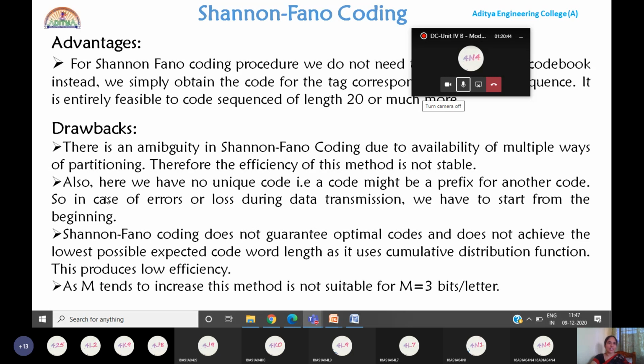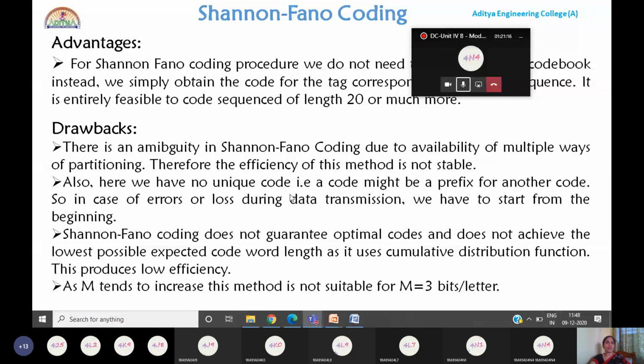And the second drawback is that here we have no unique code.